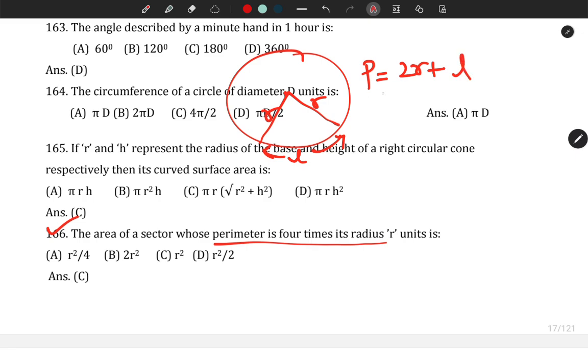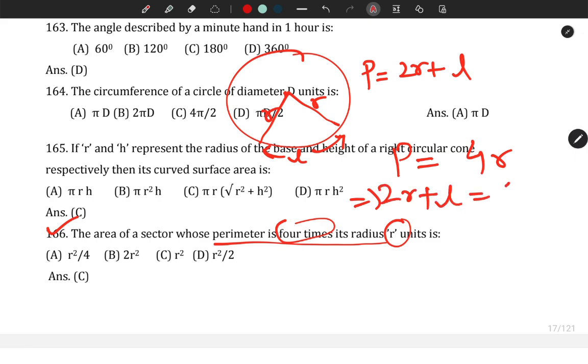According to the question, the perimeter is 4 times the radius, so 4r. So 2r plus the length of arc equals 4r. Take this 2r to the other side, it will be minus 2r. So l will be 2r.